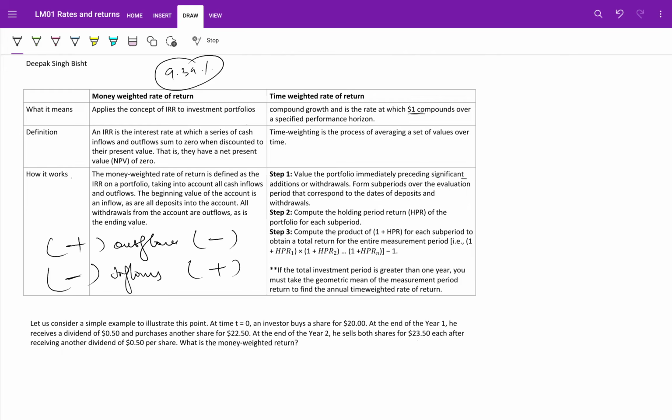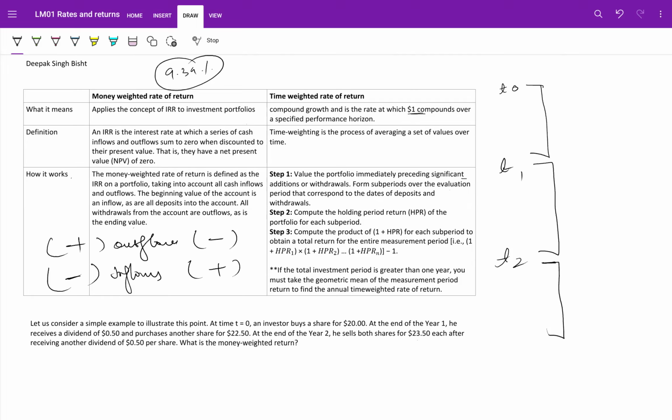Then we calculate the holding period return for each sub period, and then we link the compounded holding period returns to obtain an annual rate of return.